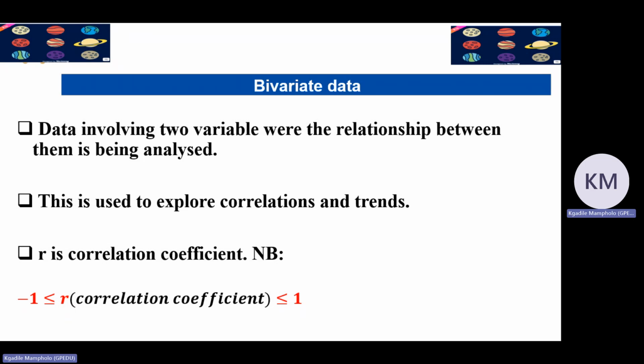Don't forget that the symbol for the correlation coefficient is R. The correlation coefficient only ranges between -1 and 1, so it cannot be greater than 1, and it cannot be less than -1. You'll learn how to calculate it in the next slides.